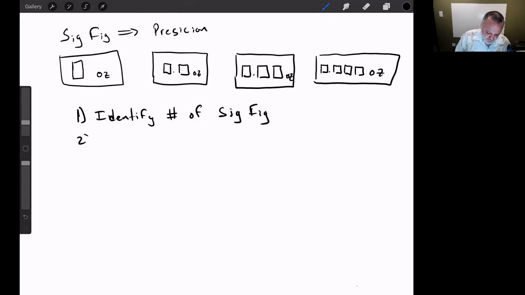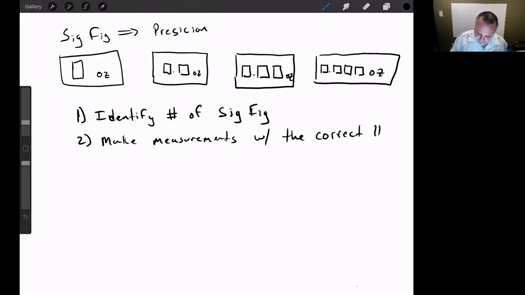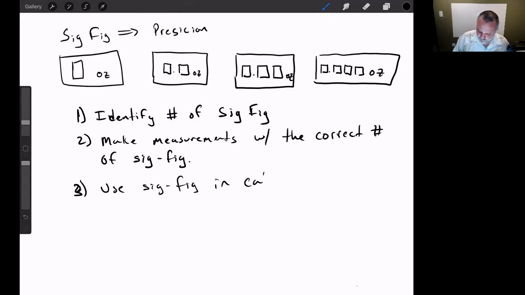We want to be able to make measurements with the correct number of significant figures. We want to be able to use sig figs in calculations.